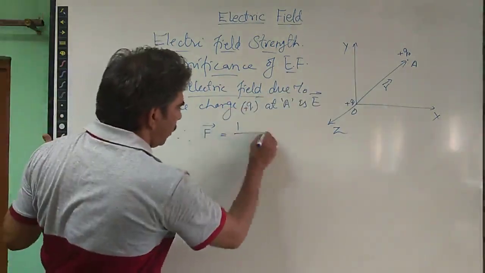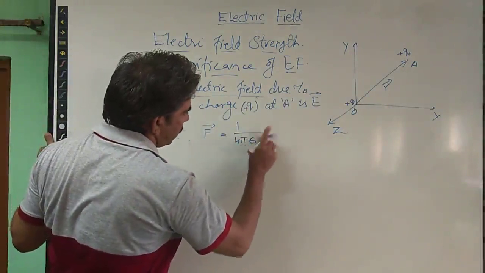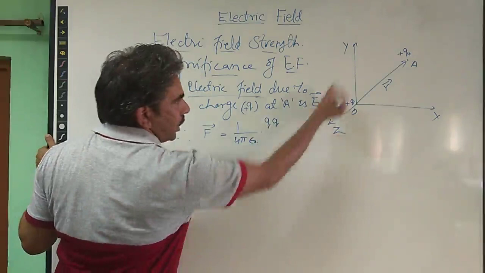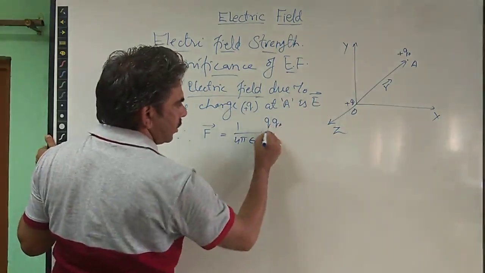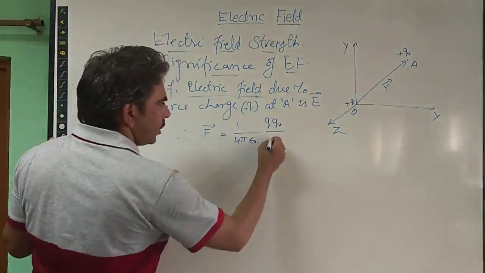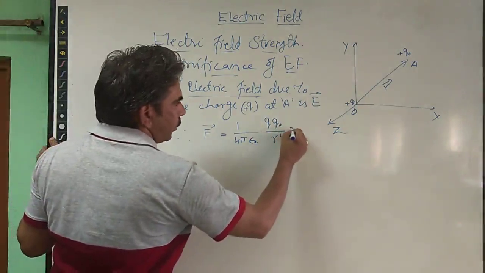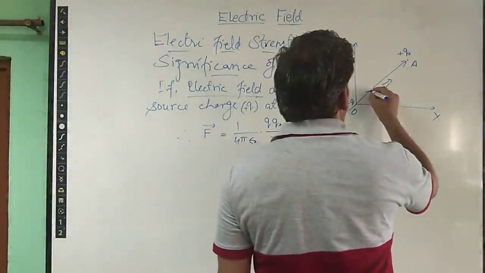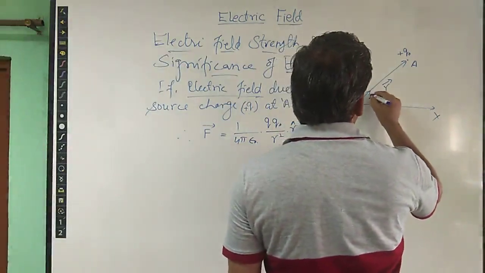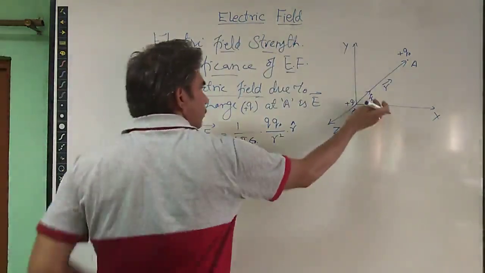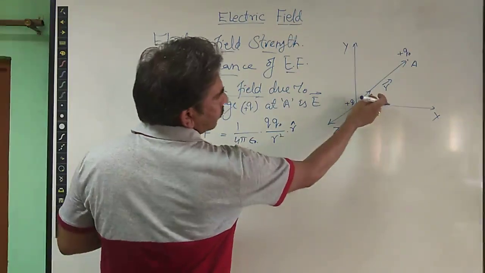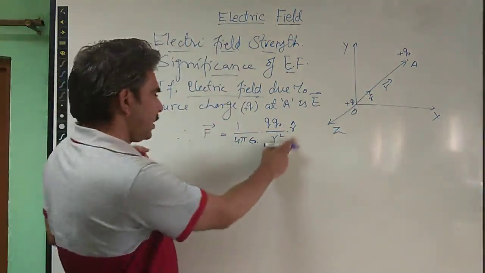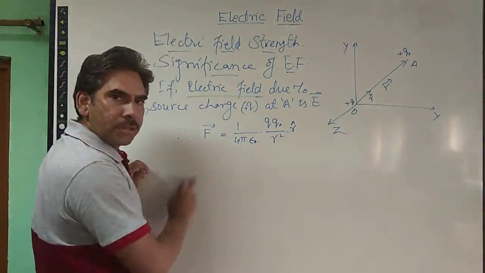It is 1 upon 4 pi epsilon naught into Q into Q naught, where Q is the source charge and Q naught is the test charge, as the definition of Coulomb's law says. So it is upon r square into r cap, where r cap is the unit vector along OA.